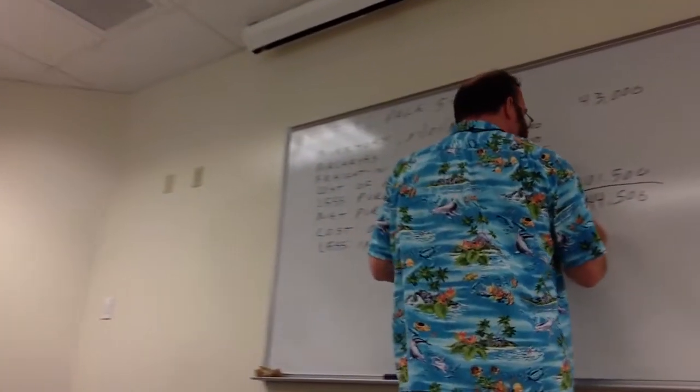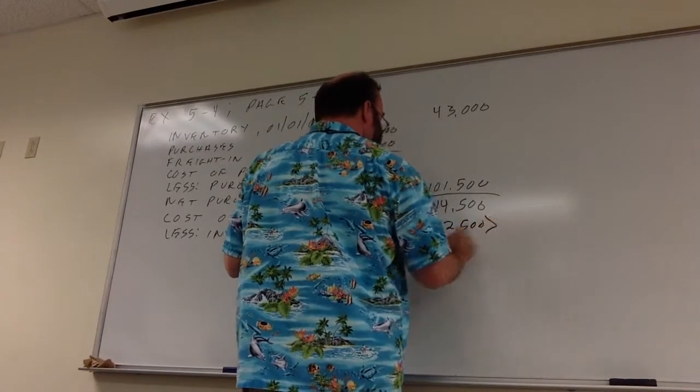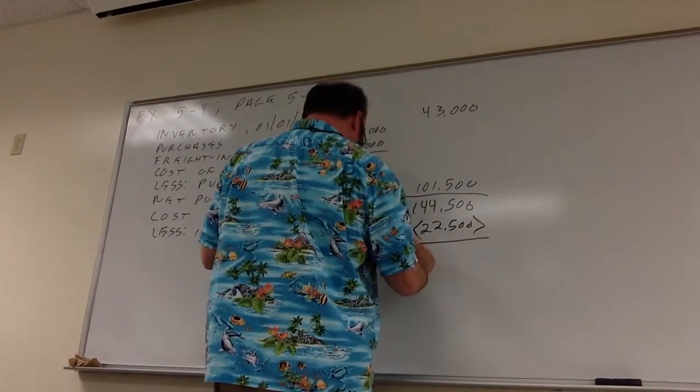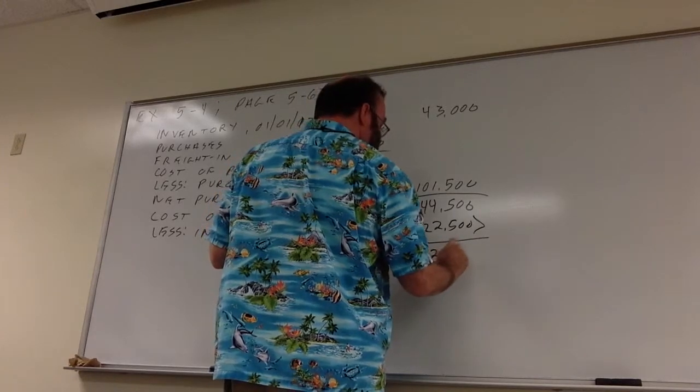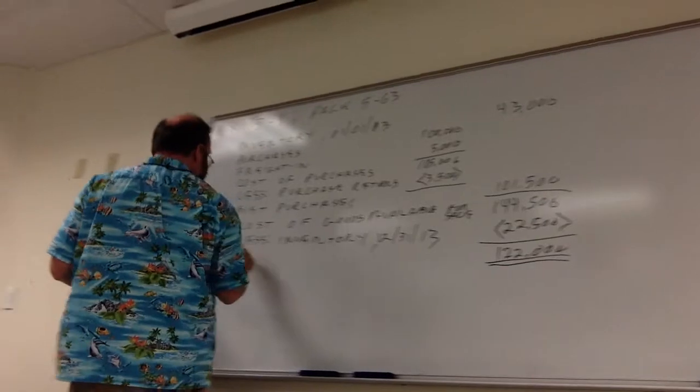A physical count reveals ending inventory of 22,500 on December 31st, 2013. So 22,500 gives you 122,000 even as cost of goods sold.